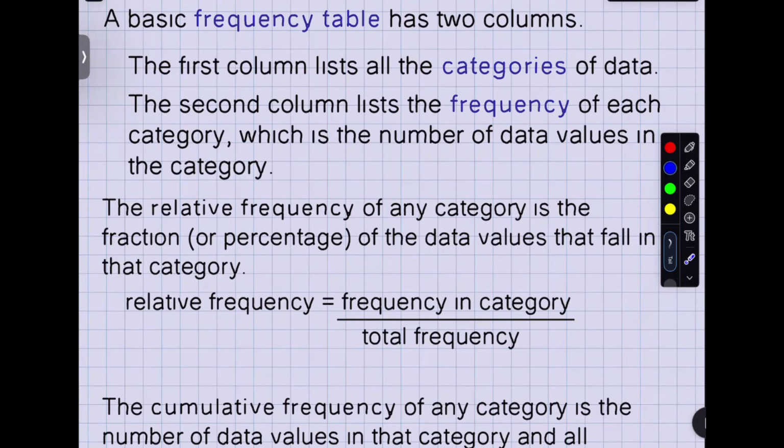We get to make frequency tables. So frequency tables, first column is typically your categories. Second column is your frequency. Relative frequency is a fraction.